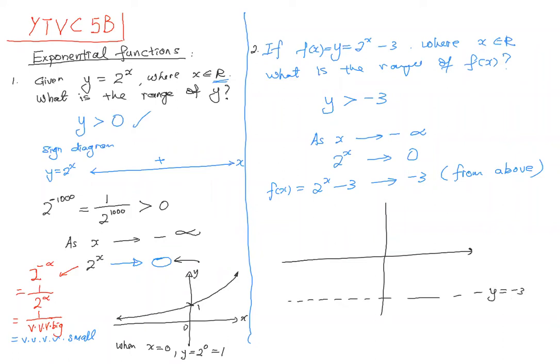So exponential always got horizontal asymptote, and the graph goes this way. Am I right?